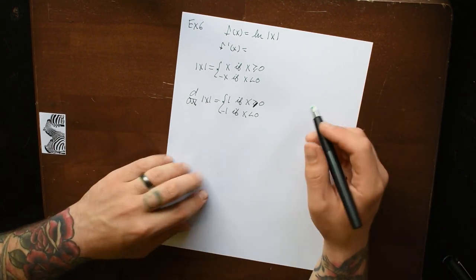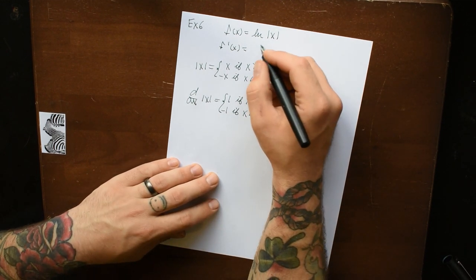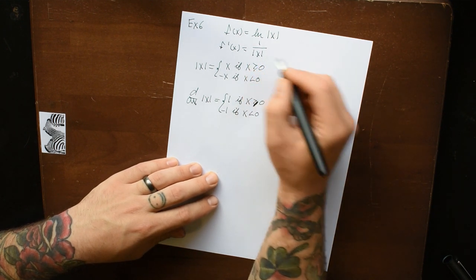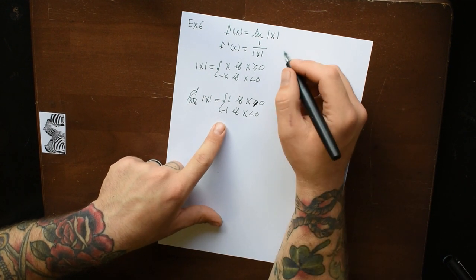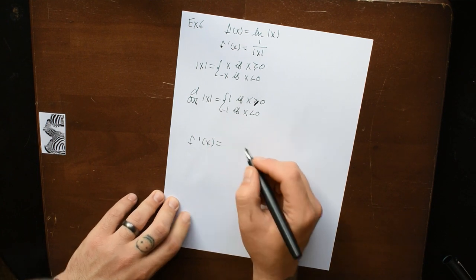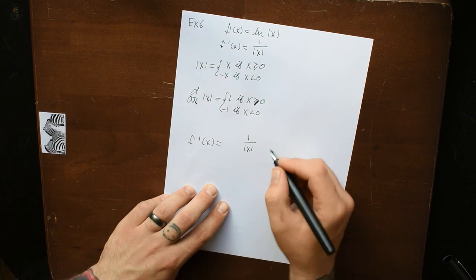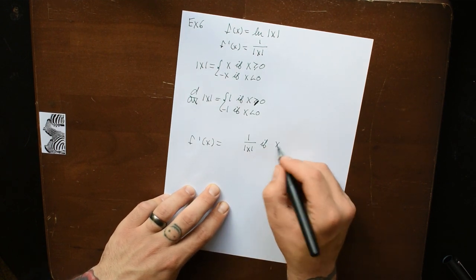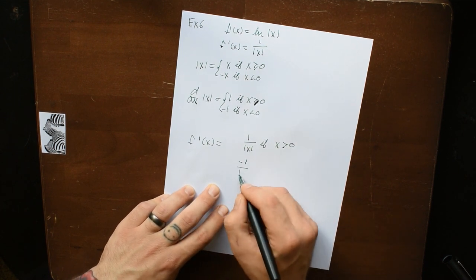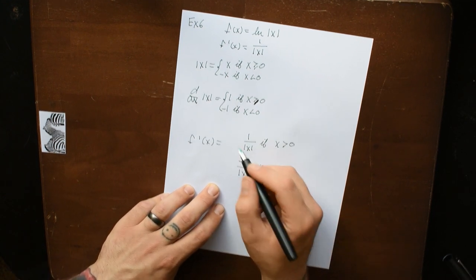Okay. So when we go to take the derivative of this function, f prime of x is going to equal 1 over the absolute value of x times the derivative. So we'll say f prime of x is equal to 1 over the absolute value of x if x is bigger than 0, or negative 1 over the absolute value of x if x is less than 0.